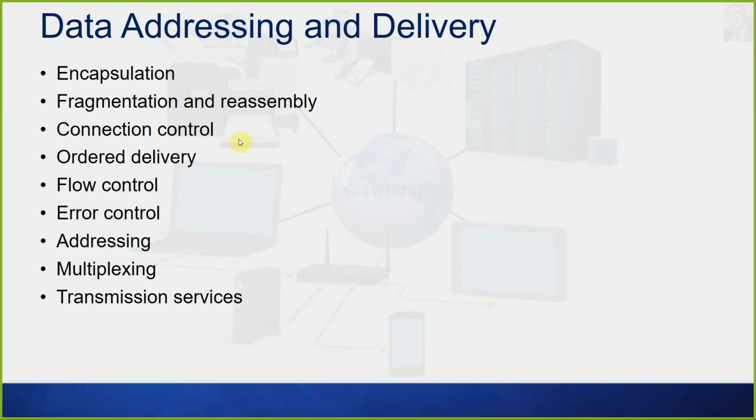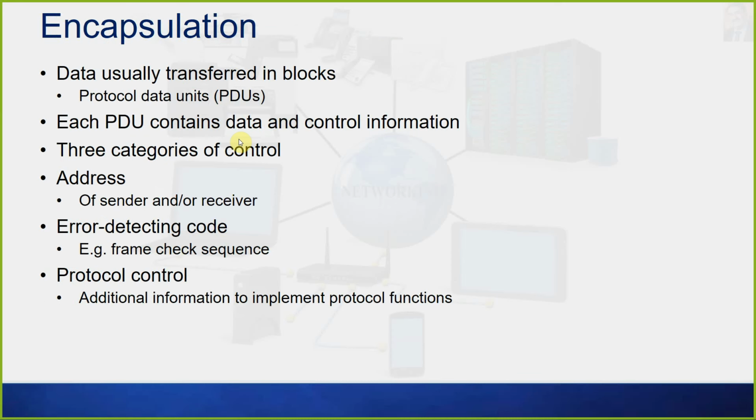All these are part of activities, or you can say phases in the process from end to end data delivery from one node or one point to another. Let's go one by one to all these phases.